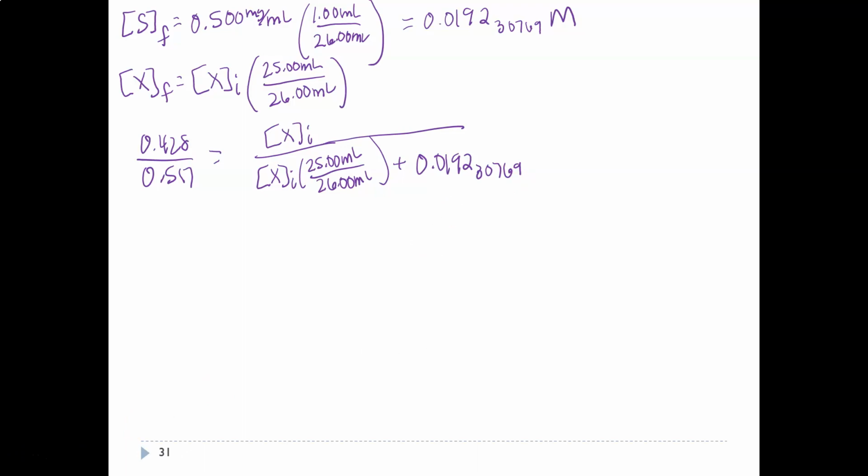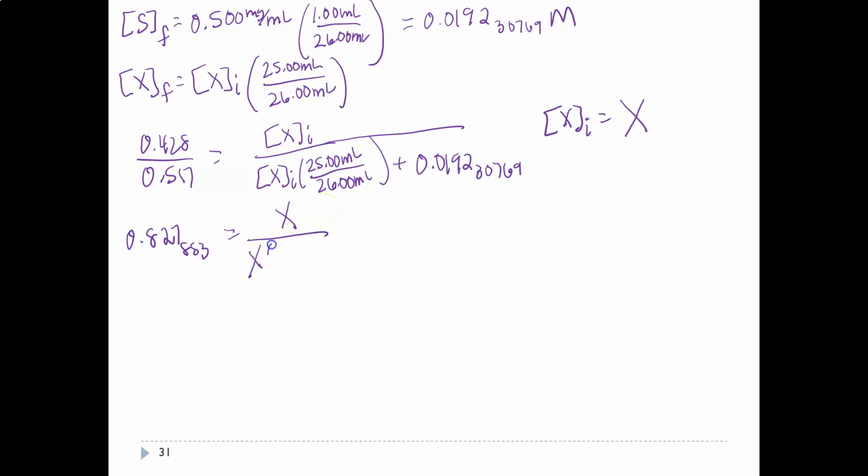I don't know that it really makes it that much simpler, but where I usually say Xi, from now on I'm just going to call that x. That's my unknown. I'm also going to do some of this math. I'm taking 0.428 divided by 0.517, and I get 0.827853. Got x on top, got x times 25 divided by 26.